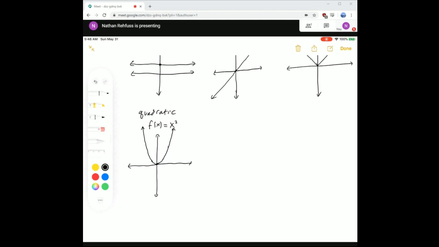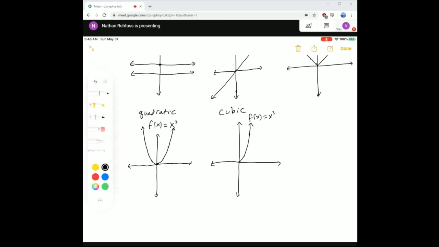Next function is cubic. You probably guess what this one does. It's like the quadratic, but instead of x squared, here f of x is going to be x cubed. So 1 cubed is 1, 2 cubed is 8, so this is getting steep even faster than the quadratic. It's going to curve way up steeply there.